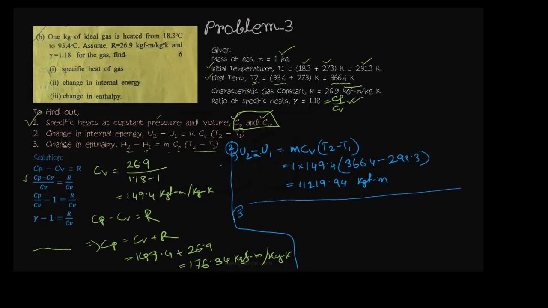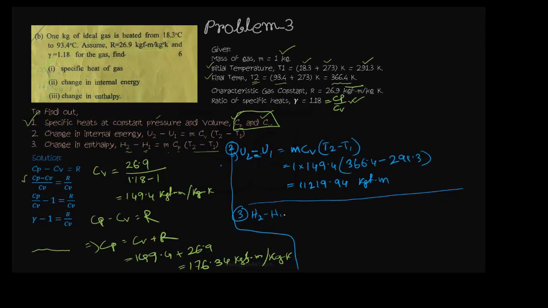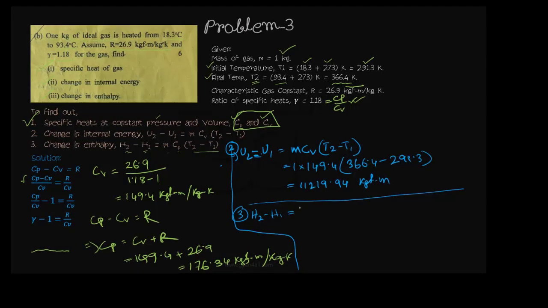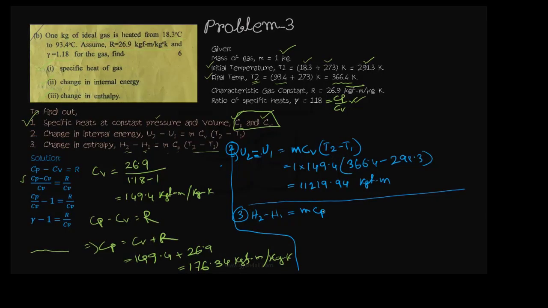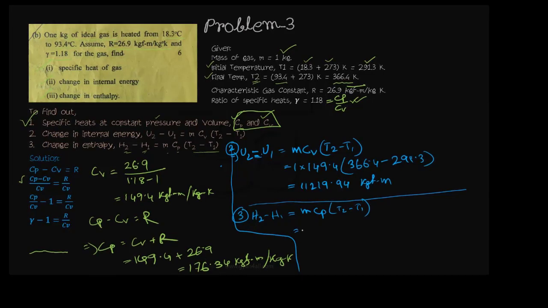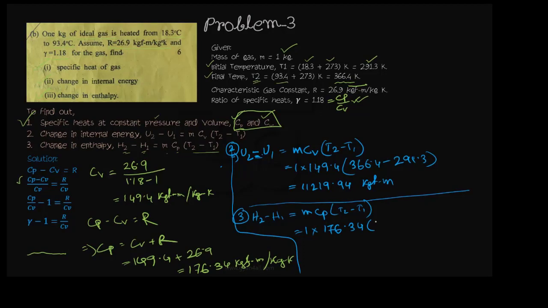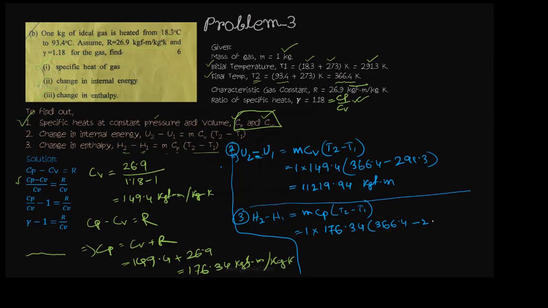Now the third part of the problem, that is change in enthalpy, H2 minus H1, is equal to m Cp (T2 minus T1). So M equal to 1, Cp is 176.34 multiplied by again 366.4 minus 291.3.